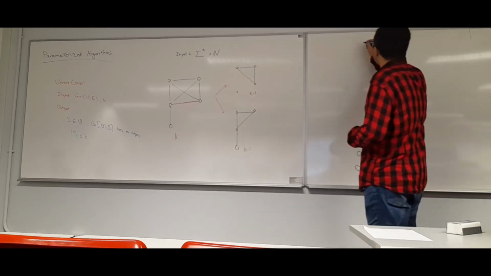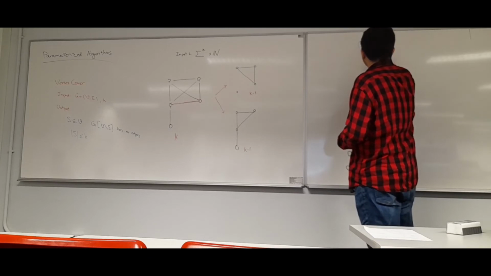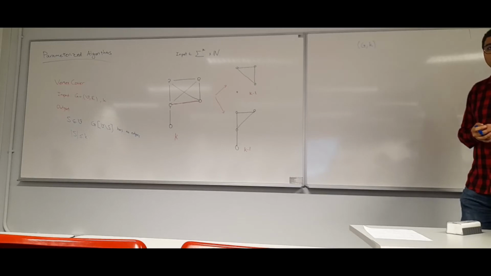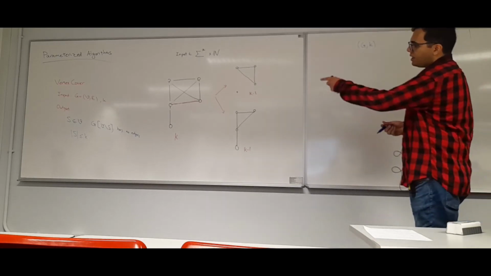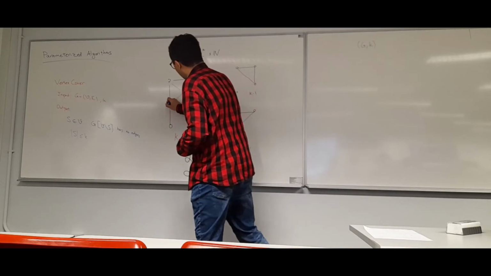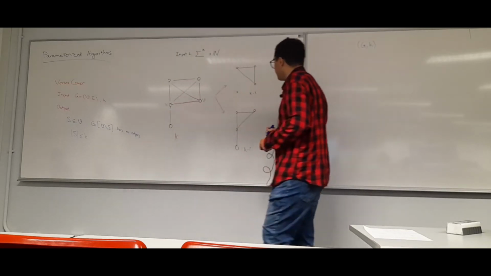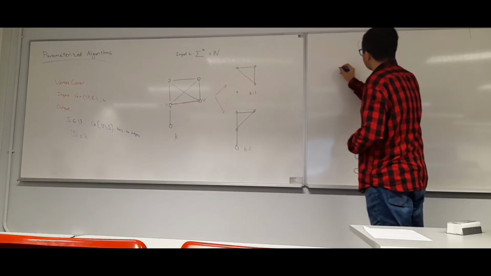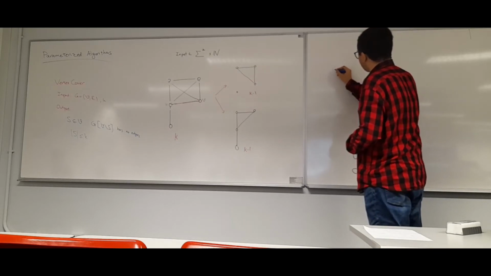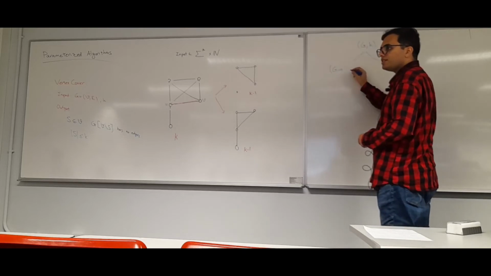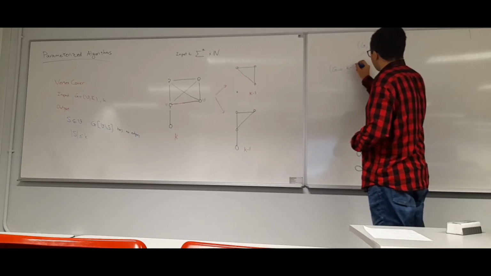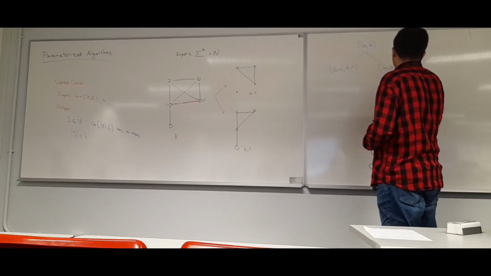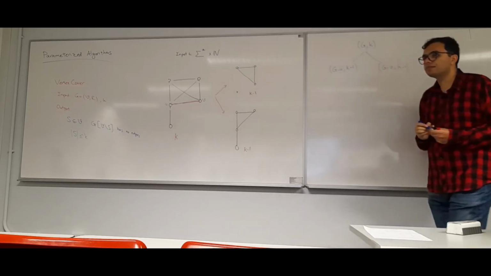I have some graph G and some parameter K, which is the maximum size that I can have for my vertex cover. And I'm taking this edge, let's say this was between vertices U and V. And then I'm saying that I have to consider two cases. Either I have to remove the vertex U and all of its neighboring edges, and then my parameter becomes k minus 1, or I have to remove the vertex V, and my parameter becomes k minus 1.